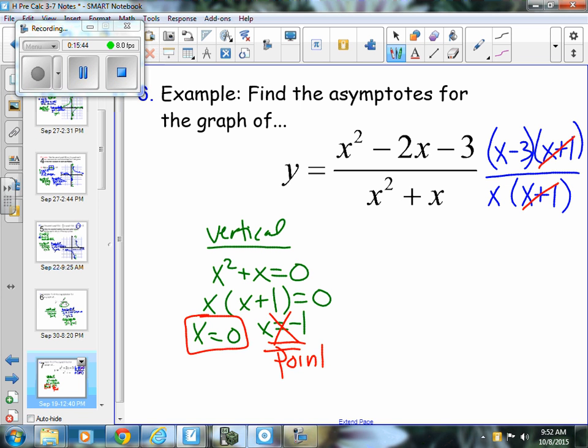It would be a point discontinuity. So it's still discontinuous there, right? We still can't put that number in, but it doesn't leave a vertical asymptote behind. It leaves a point discontinuity. So remember, if it's removable, that's what's going to happen. That's the most commonly missed thing on the test. People forget about those little details.